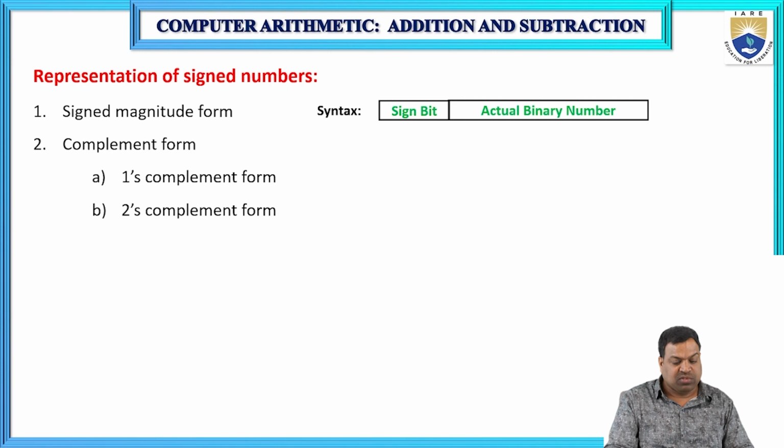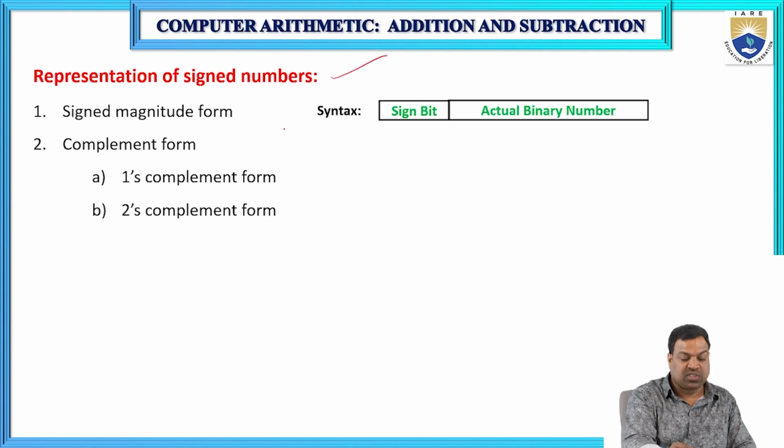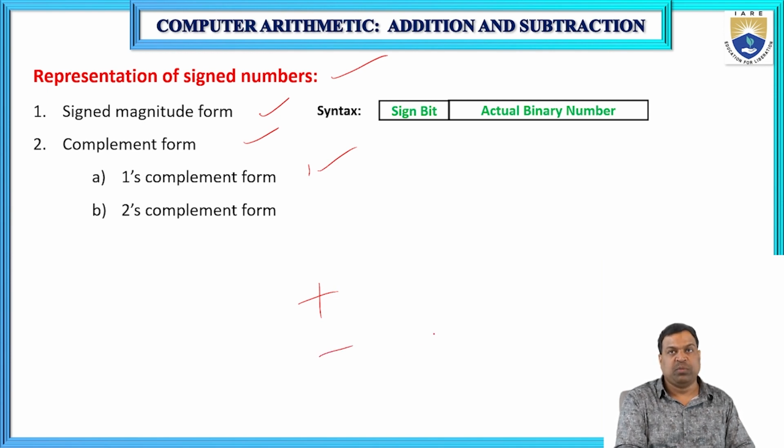Representation of signed numbers: signed magnitude form and complement form. So how are we representing signed numbers? Signed magnitude and complement. In the complement, I'm taking one's complement and two's complement. Signed magnitude means plus or minus values. Some will be positive values and some will be negative values.